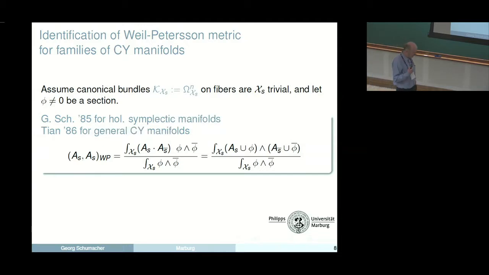And then one would look at the whole construction closely, and then one can show this equality here. And now this formula looks very familiar. This is just like the invariant form on a symmetric domain. And then Tian noticed that the same proof also works for the case of Calabi-Yau manifolds in general.